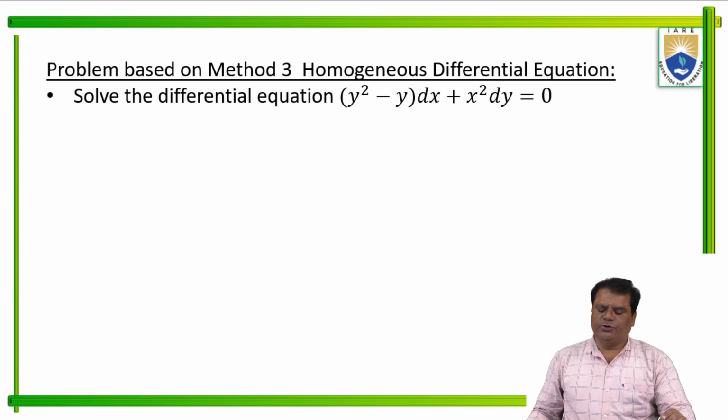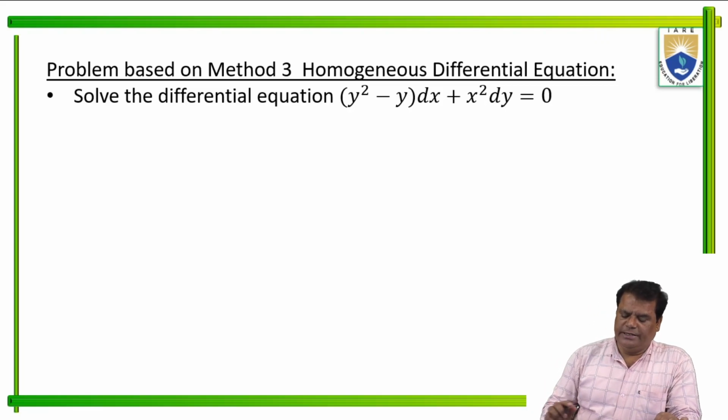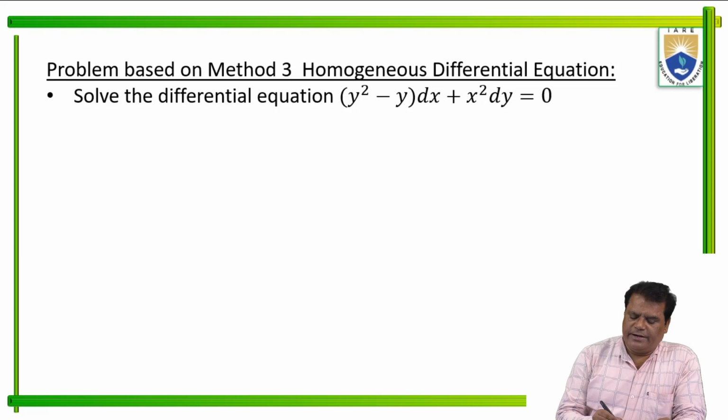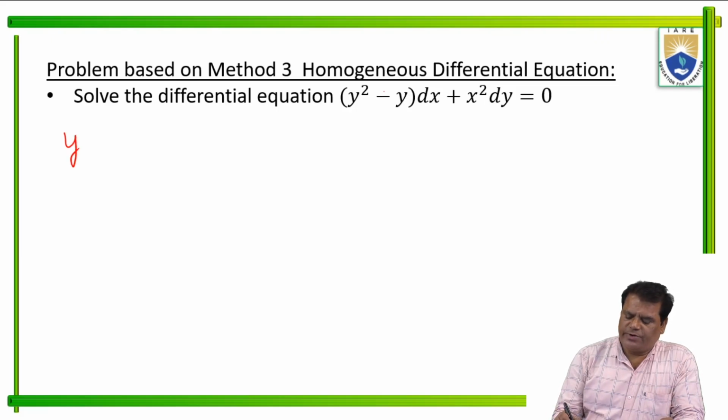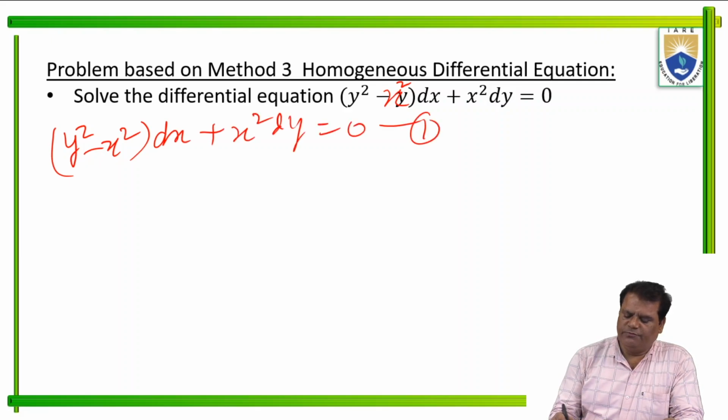Next question, based on a homogeneous differential equation: (y square minus x square) dx plus x square dy equals 0. This is equation 1.